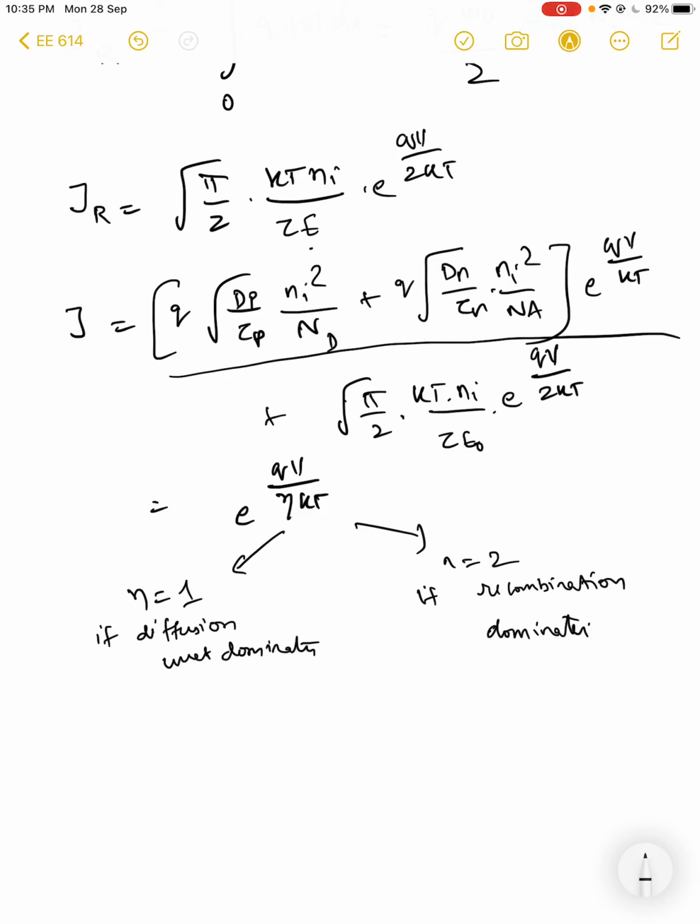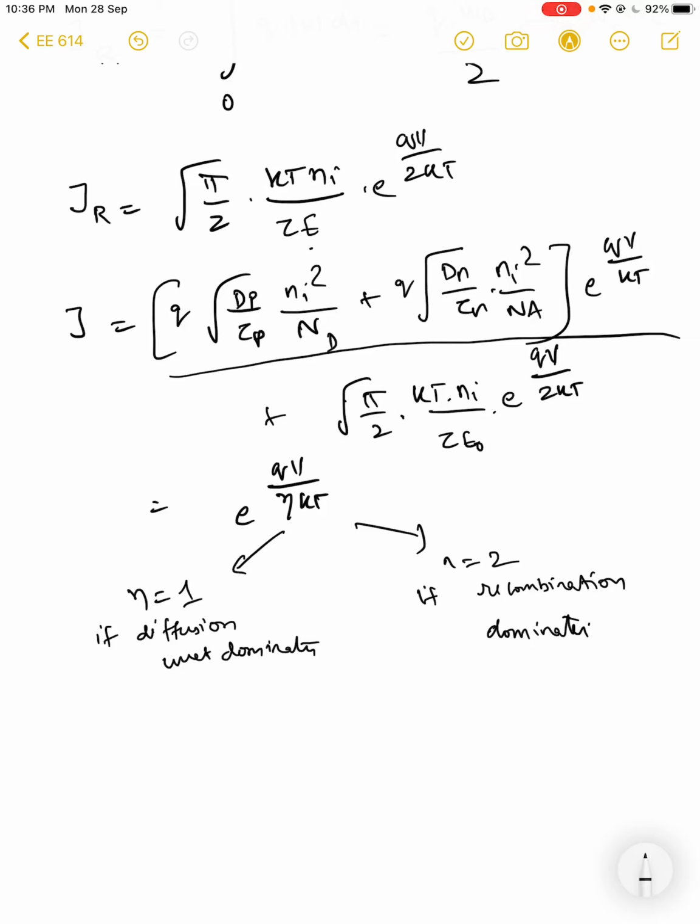Once again, you can see that materials with high intrinsic carrier concentration will have a much closer relationship with the ideal diode characteristics, and materials with lower intrinsic carrier density will have higher recombination rates.